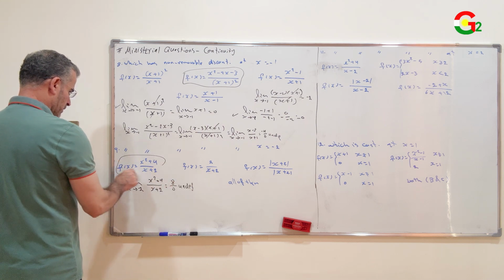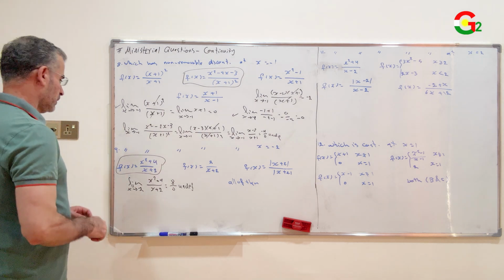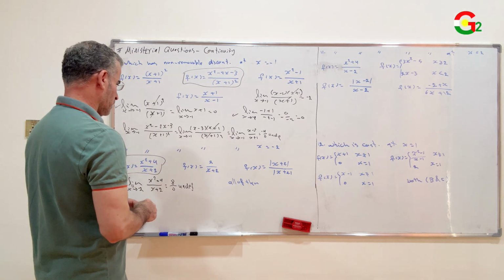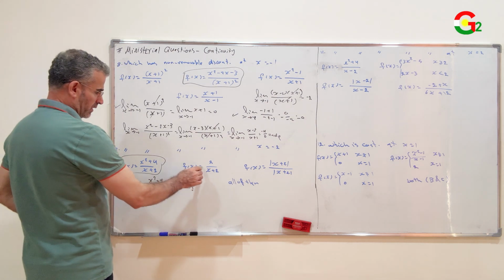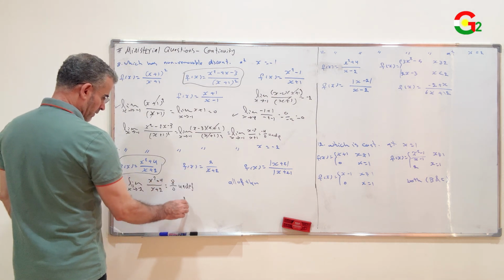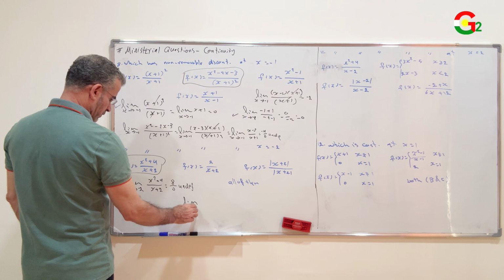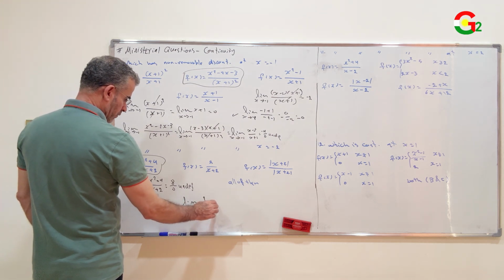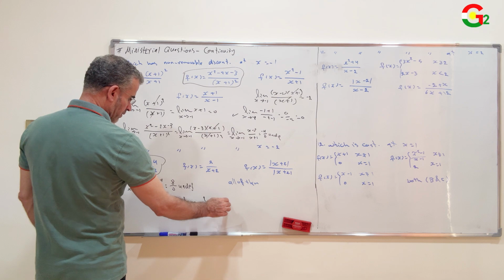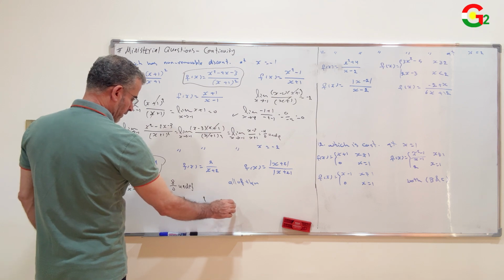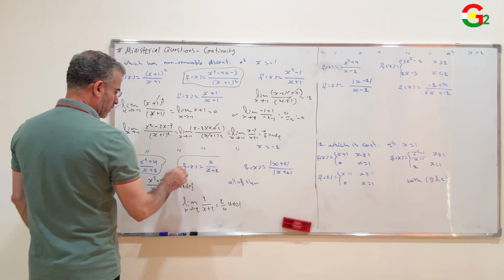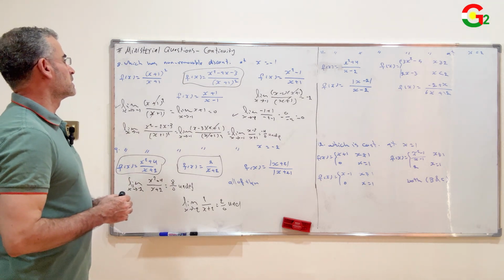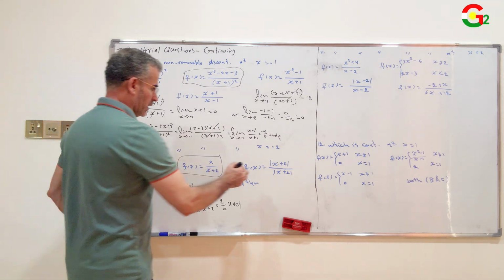Then this function has a non-removable discontinuity at -2. Also, for this function, if we find the limit when x approaches -2 for 2/(x + 2), then we have 2 over 0, also undefined. Also, this function has a non-removable discontinuity.